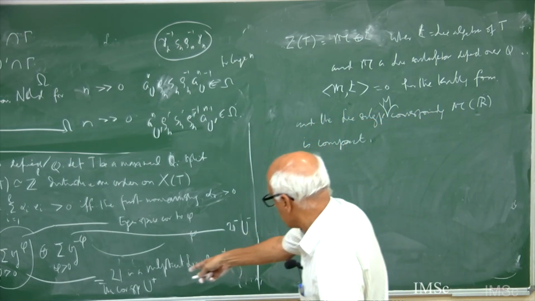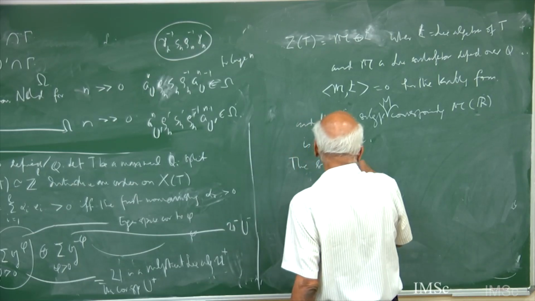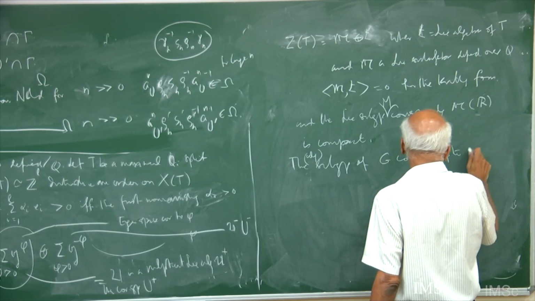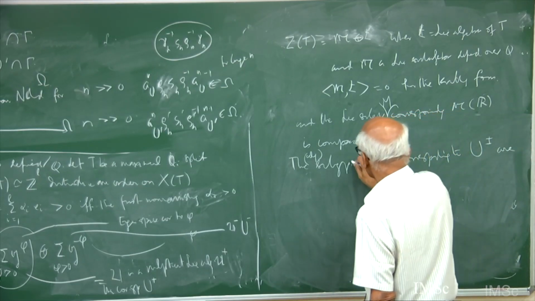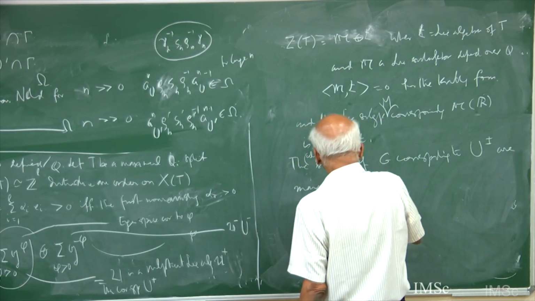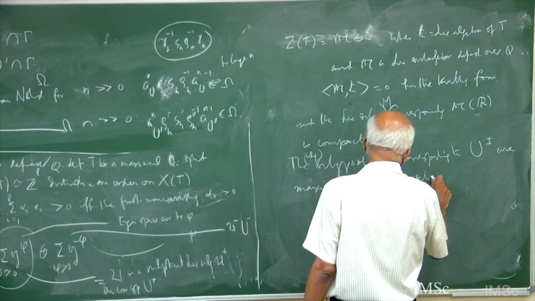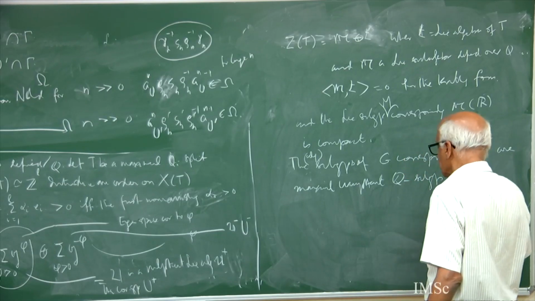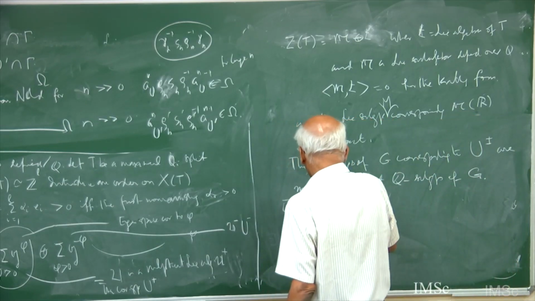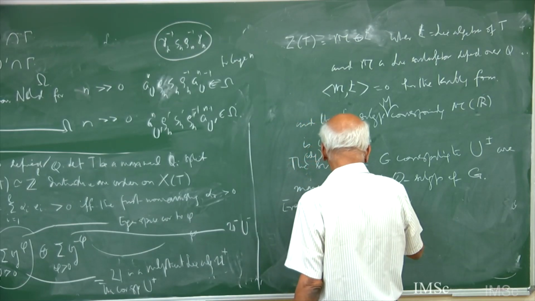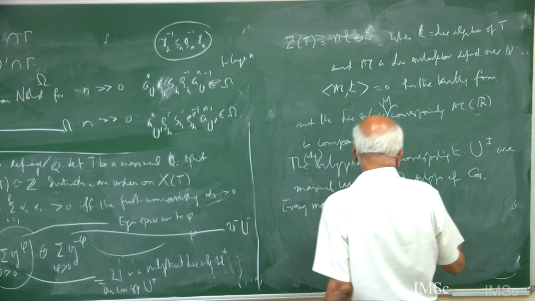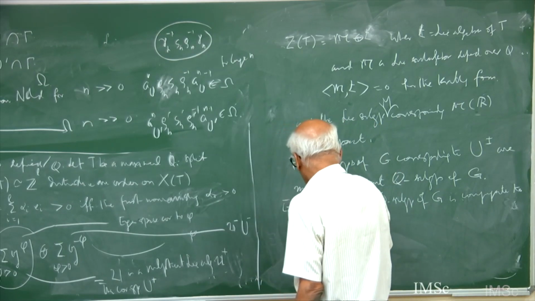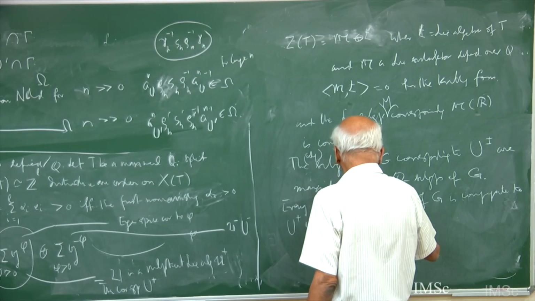The group U which you get here, the algebraic subgroup of G, is automatically corresponding to U plus minus R, maximal unipotent Q subgroups of G. Every maximal unipotent Q subgroup is conjugate to U plus under some element of GQ.